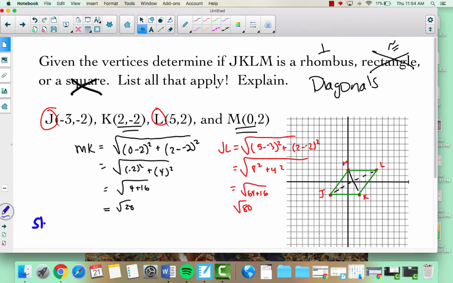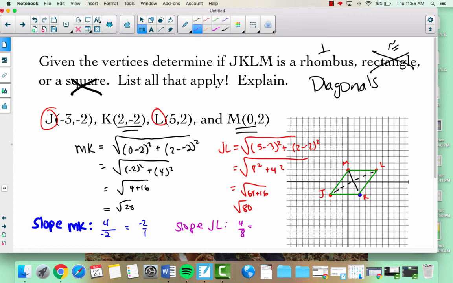So what is the slope of MK? Well, remember, slope is rise over run. So if I start at K and go up 1, 2, 3, 4, so up 4, and then over 1, 2, so left 2, that's a slope of negative 2 over 1. And if I do the slope of my other diagonal, JL, we go up 1, 2, 3, 4, so up 4, but then we go over 1, 2, 3, 4, 5, 6, 7, 8, so over 8.